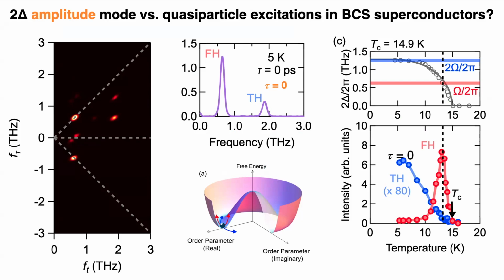And I'm not going into the details of this, but you can just perhaps be kind of interested in how these, again, two-dimensional plots are rendered and the different contributions that we can make out that correspond to different physical processes.